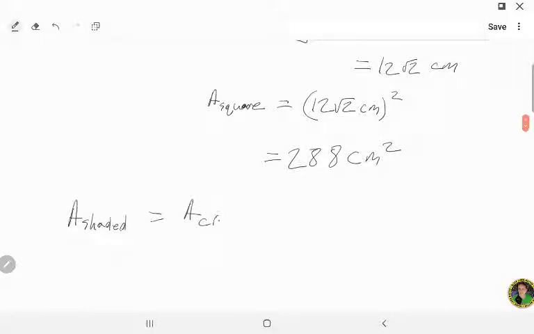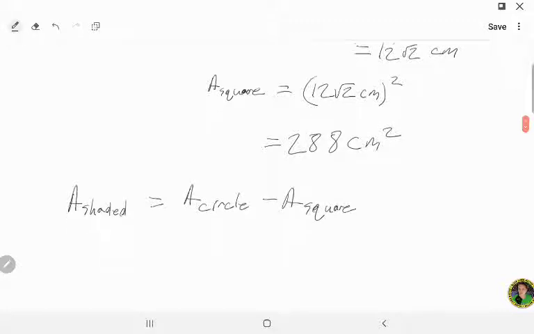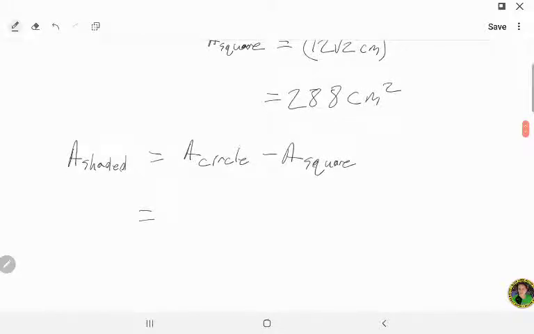And so we know the area of the shaded region is the area of the circle minus the area of the square. And so we're going to have pi times 12 centimeters squared minus the 288 square centimeters that we already got.